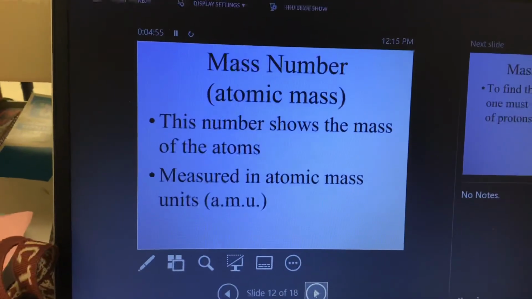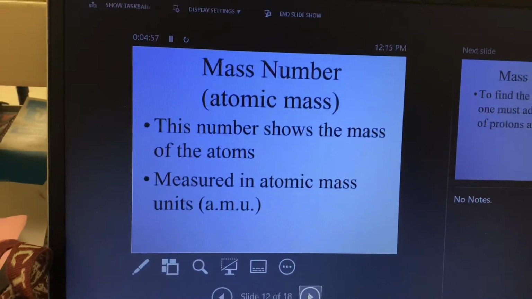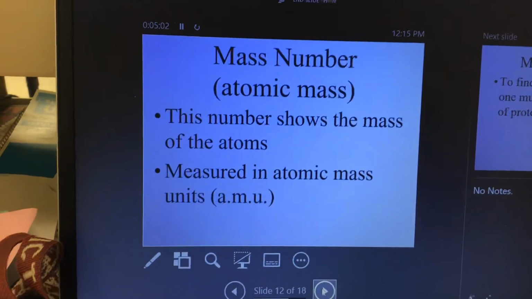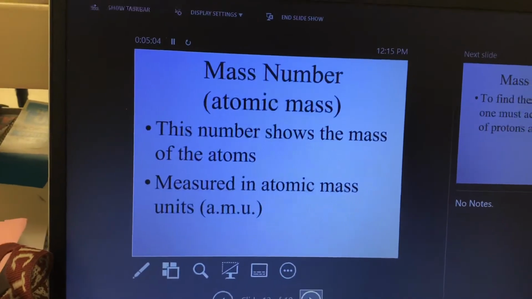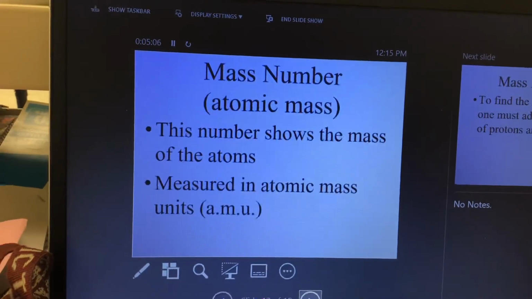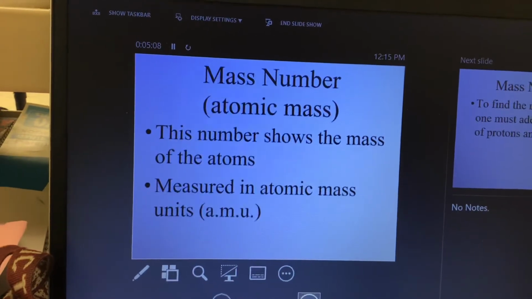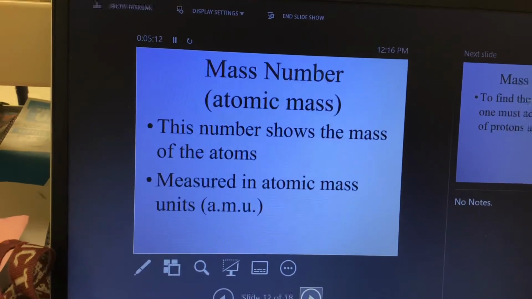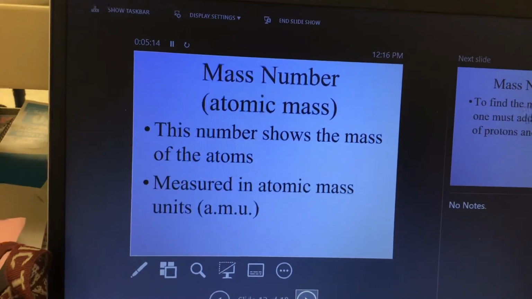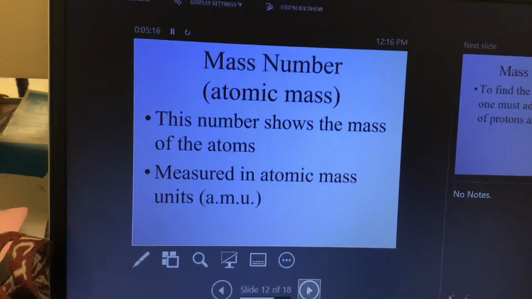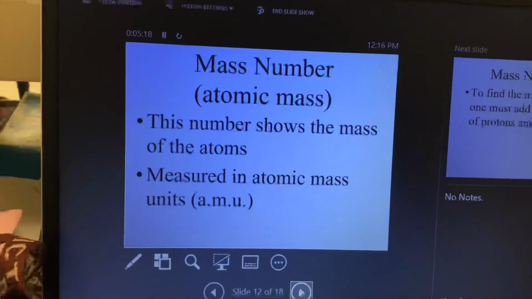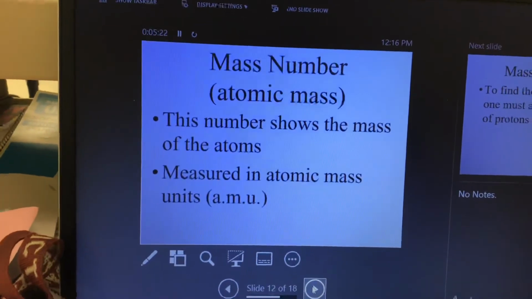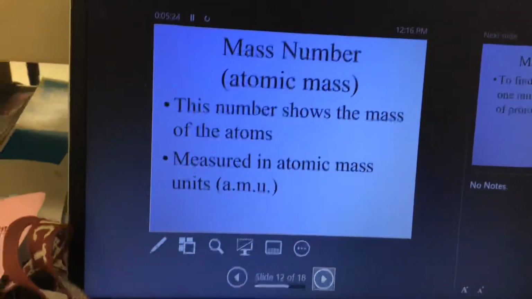They use AMUs, or atomic mass units. So on the periodic table, you're going to see that there's a decimal number on most of them. Like hydrogen, its atomic number is 1, but its mass number is 1.01, rounded off. That is the mass number. That is the weight of that atom.